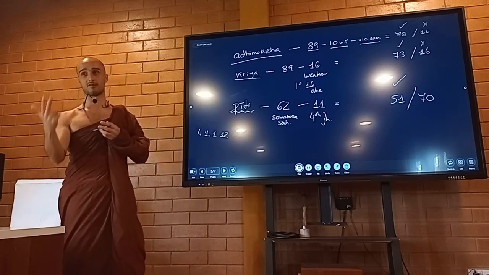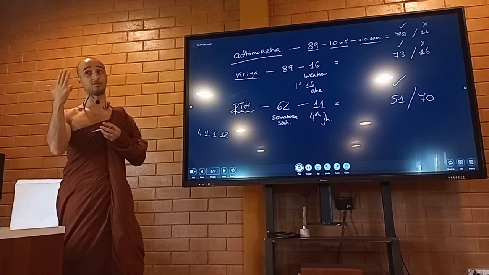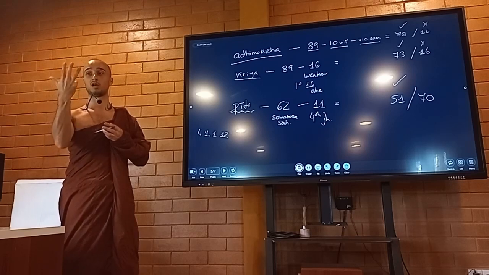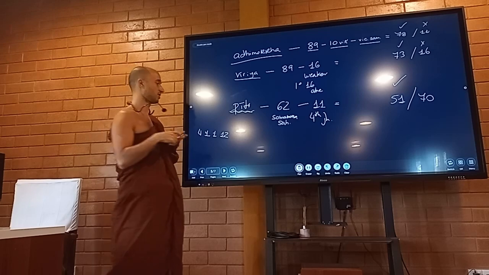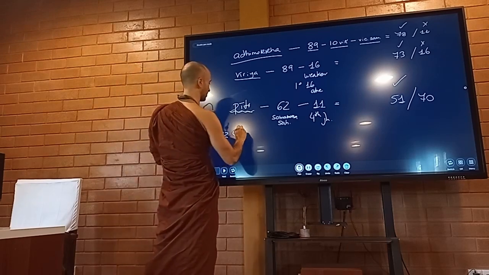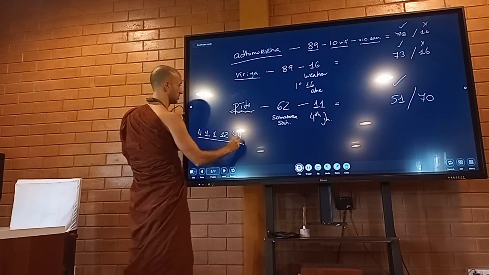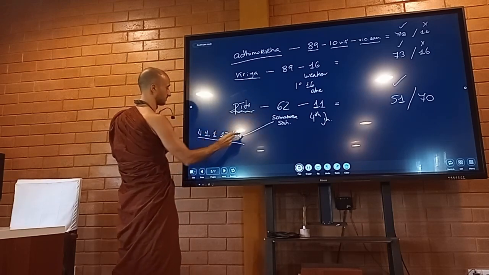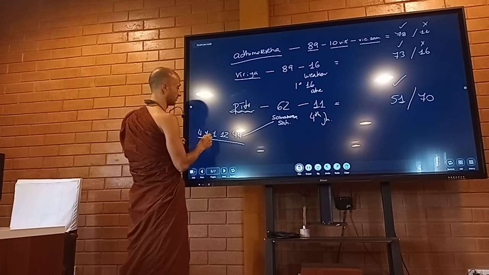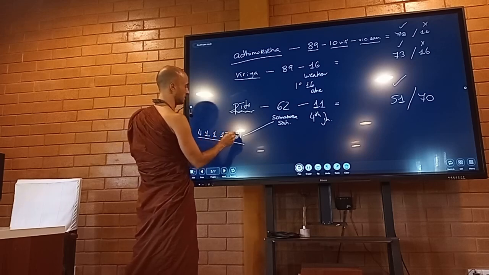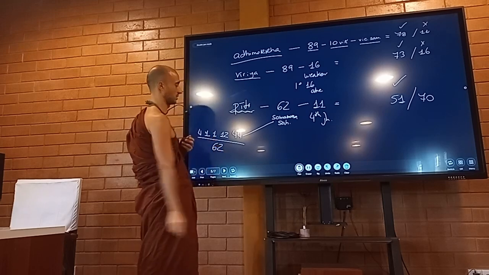Third jhanas, have. Fourth jhanas, have. Fifth jhanas, we don't have Somanasa. So 4 times 11, 44. So these are the cittas with Somanasa, you see. 62.